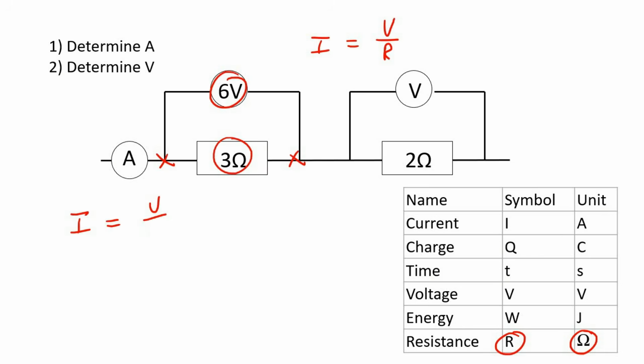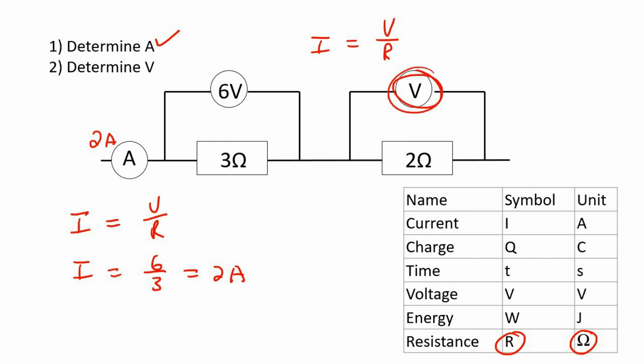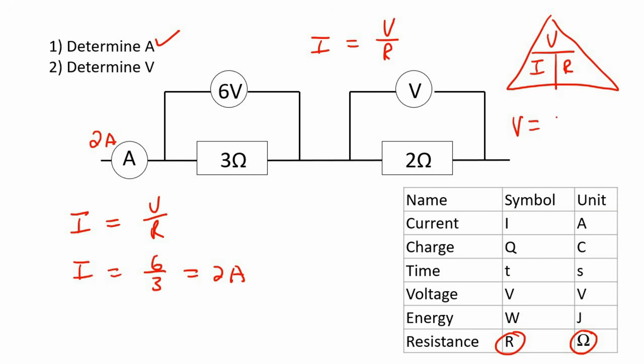So if we use I equals V over R, we could say that I is equal to 6 over 3, and that would give us 2 amps. Okay, so that means we have 2 amps over here. Now, the next question is determine V. Okay, so this is a voltmeter over here. So if we use our triangle again, V, I, R, then to calculate V, you multiply I and R together.